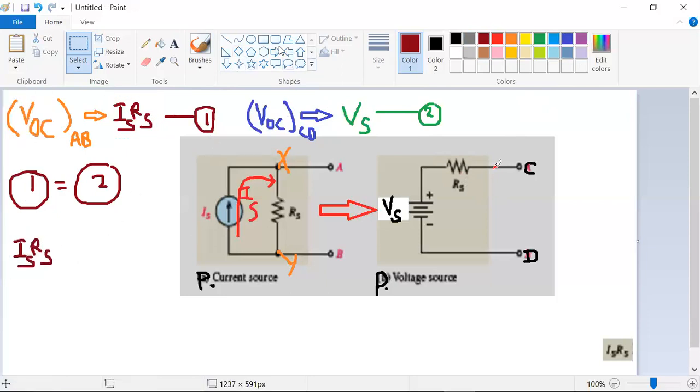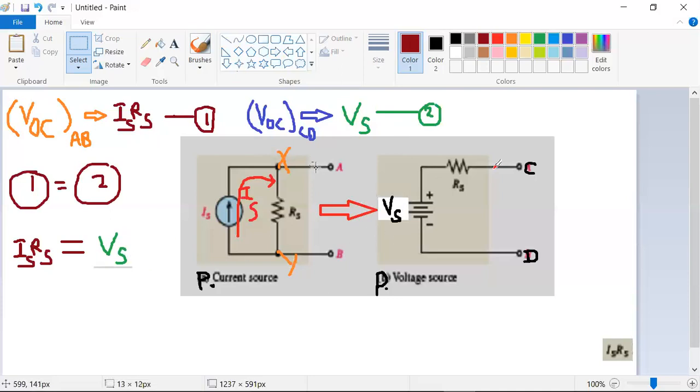is equal to... is equal to... Vs. Hence I got this.